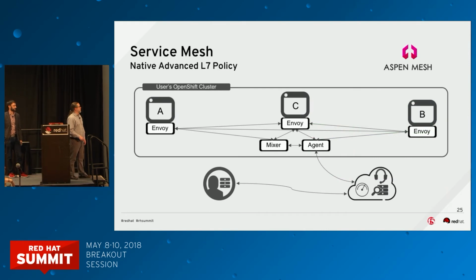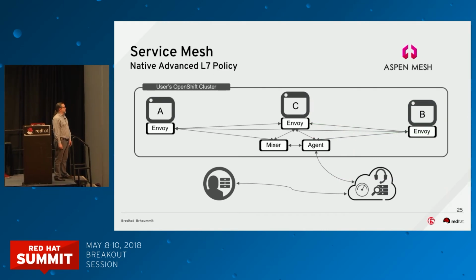So where Aspen Mesh comes in is, when we take a look at this, you can see that each of these is representative of a pod, and then we're adding Envoy via Istio, Mixer, and there's one other component that's not reflected here, but it's in the demo portion.